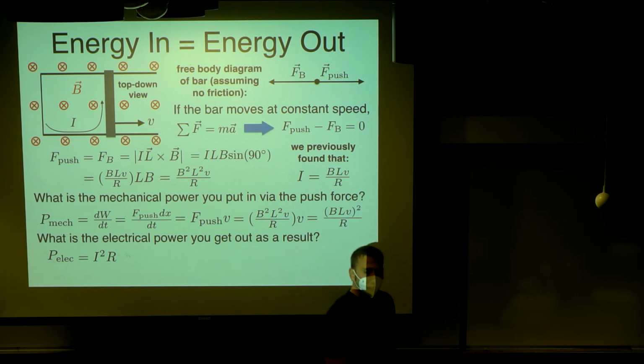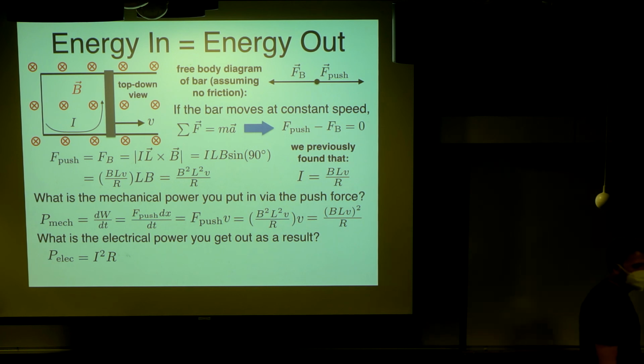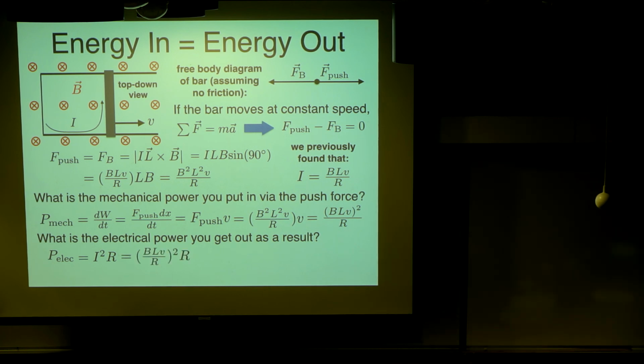You can think of this mechanical power as input and this electrical power as output, right? So the current, we know what that is. It's BLV divided by R. We're squaring that whole thing in our familiar formula, but then we multiply by R.